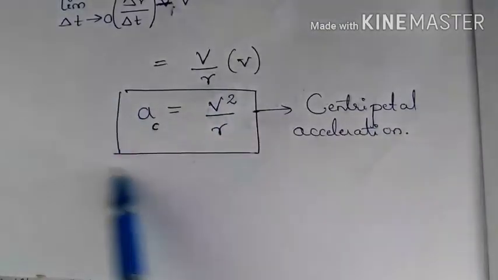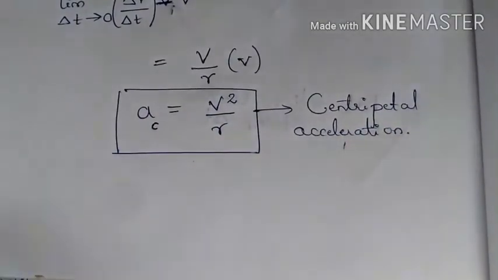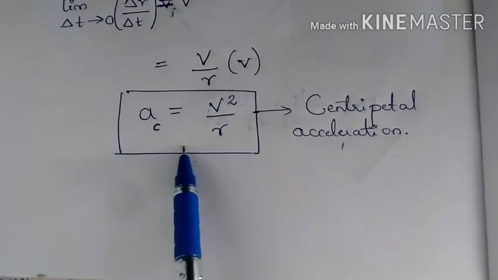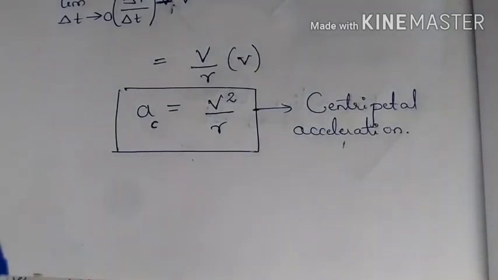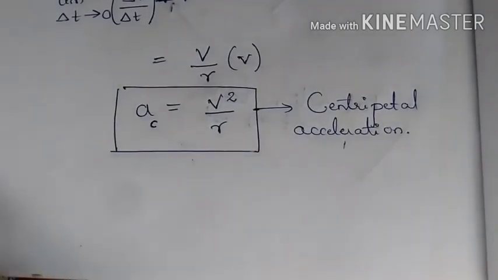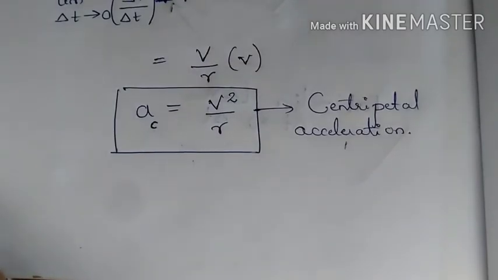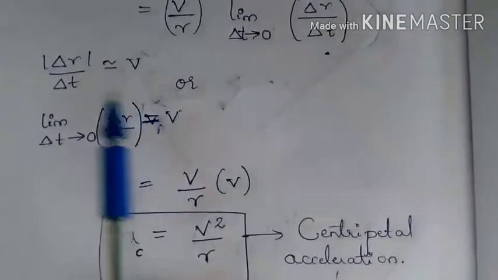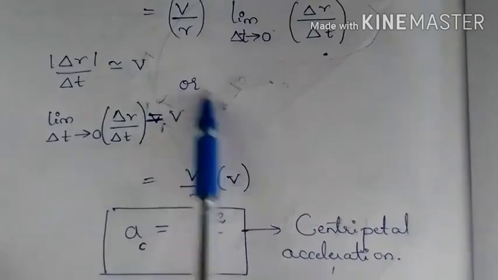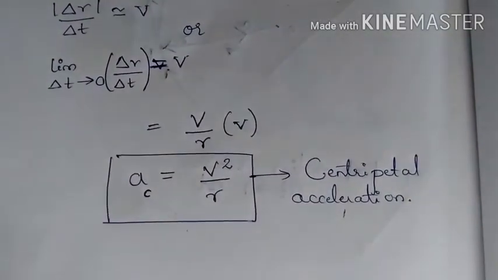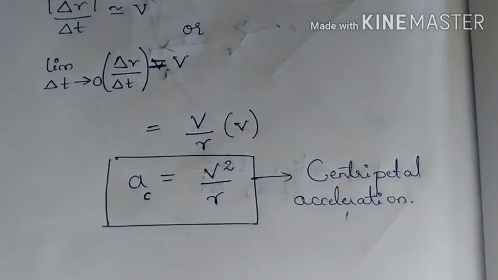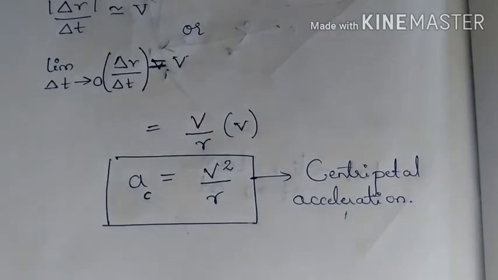So this we have derived by considering the instantaneous acceleration, then by substituting delta R by delta t as V, then you get centripetal acceleration. So this is the equation for centripetal acceleration.